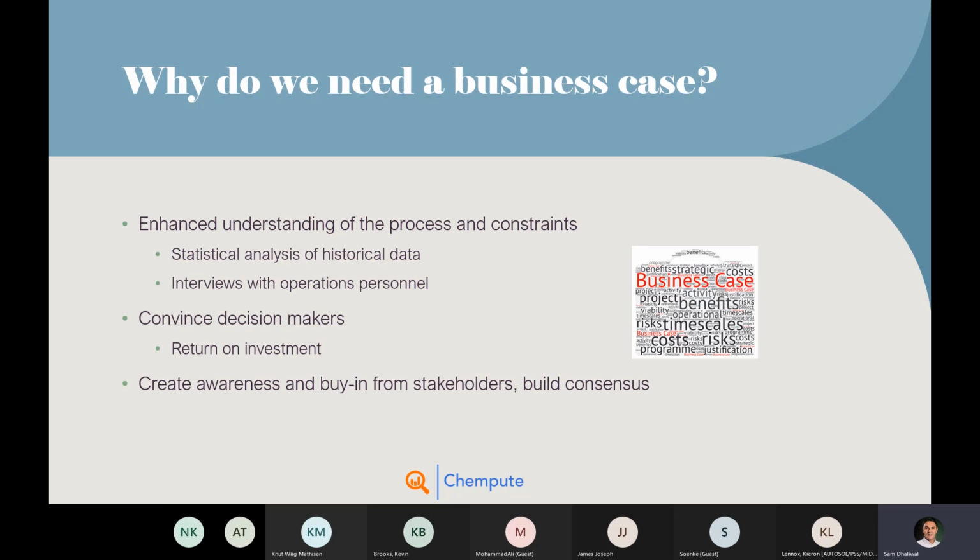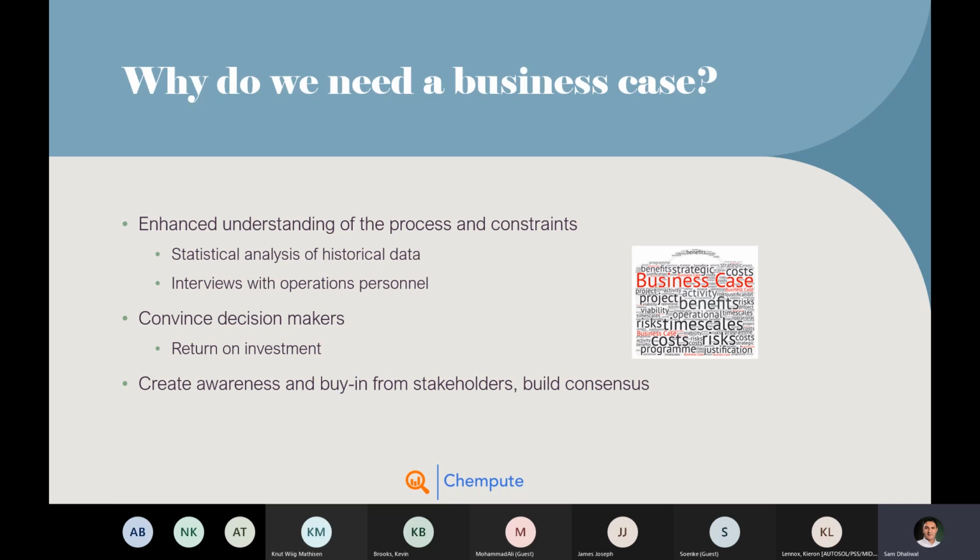The whole process of preparing a business case, besides giving you financial information about your plant and your return on investment, is also a good learning process for understanding the plant, the constraints that you have, and really viewing the process data and doing some statistical analysis, understanding how the plant behaves, perhaps seasonally, in winter and summer conditions, and day-night conditions.